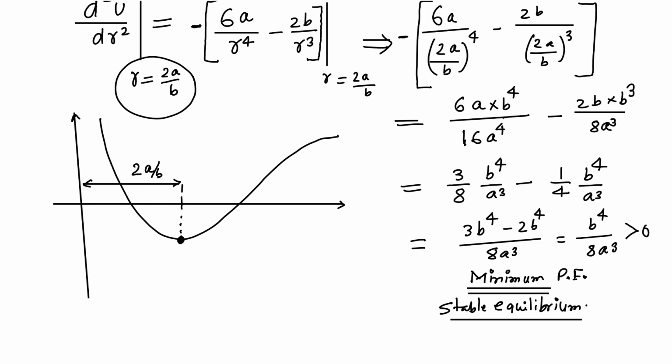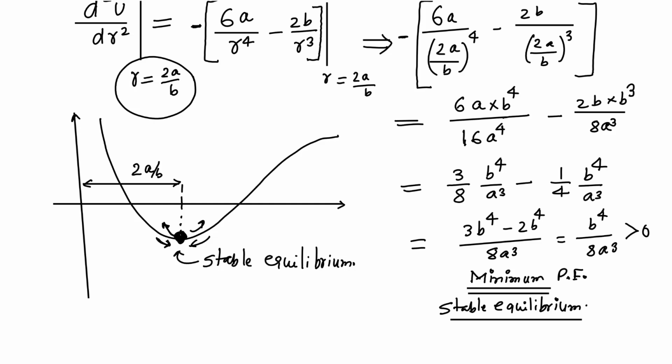This means if you move this side, the ball will come back again here. If you put a ball here, just try to understand the analogy. If you move this side, it will come again here. So this is an equilibrium of stable nature. So this is a stable equilibrium. So this concludes this video.